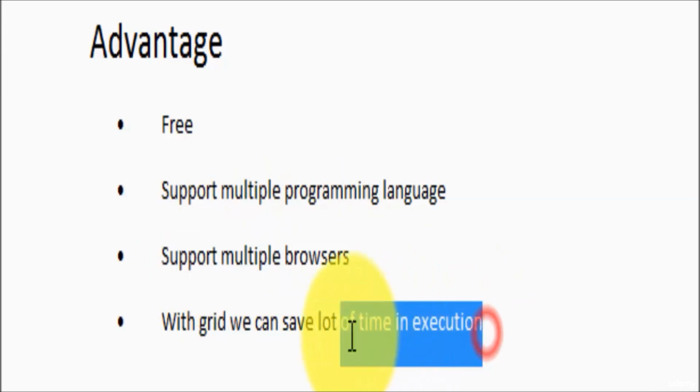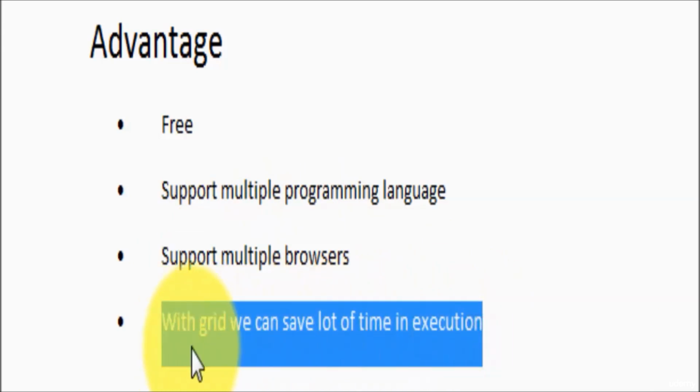Next, and one of the most important advantages is Grid. With the help of the Grid, we can execute our test cases in parallel. Ultimately, we are going to save a lot of time in execution. I can take an example: we are working on a team and we already have 100 test cases which are automated. And I'm taking an example that each test case is going to take 1 minute to execute.